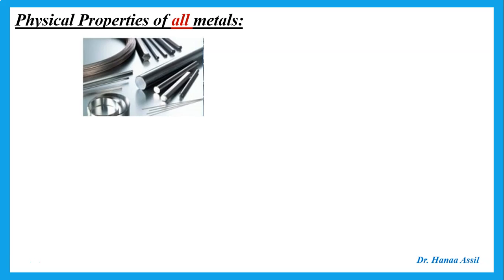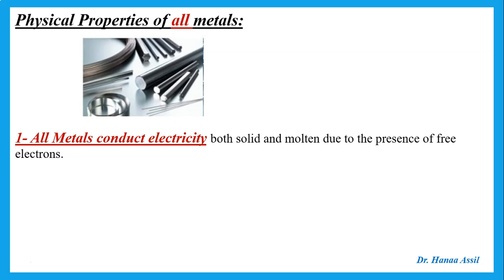Don't say they all have very high density. But what applies to all metals is, first of all, they all conduct electricity. All metals conduct electricity. And you have to remember they conduct electricity both as a solid or when molten. So as a solid or as a liquid, all metals conduct electricity.